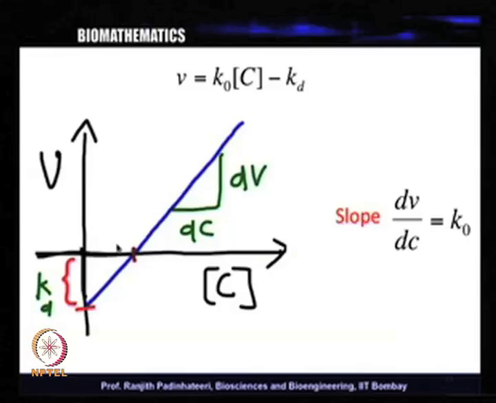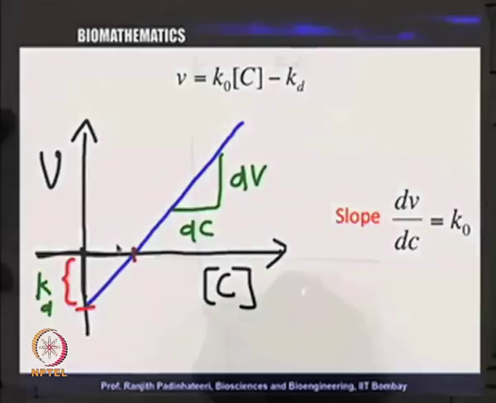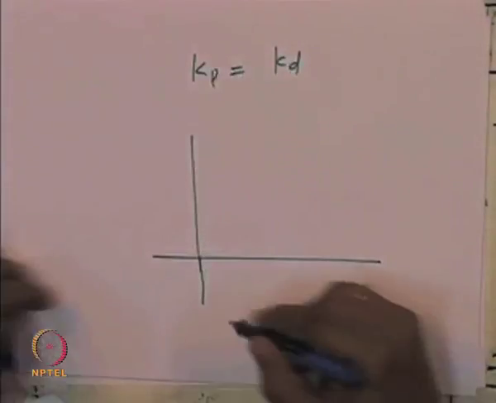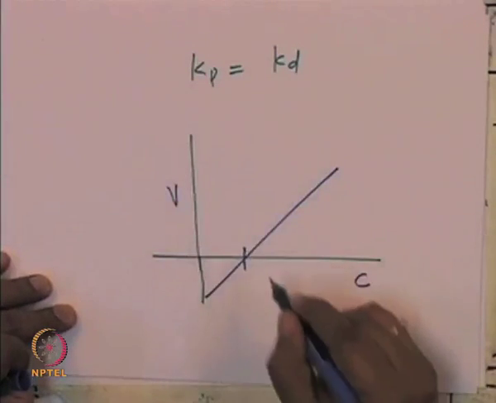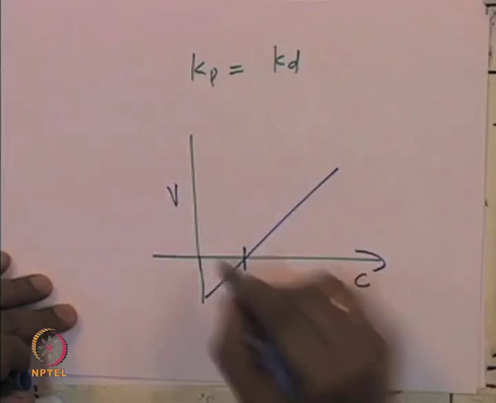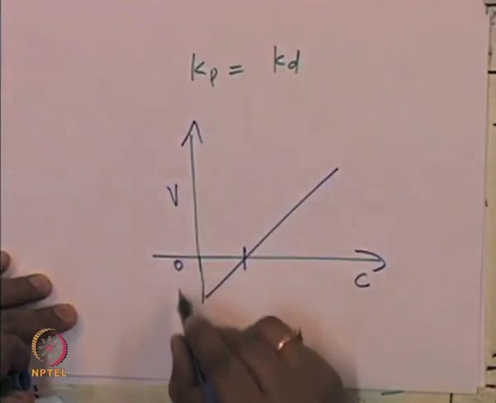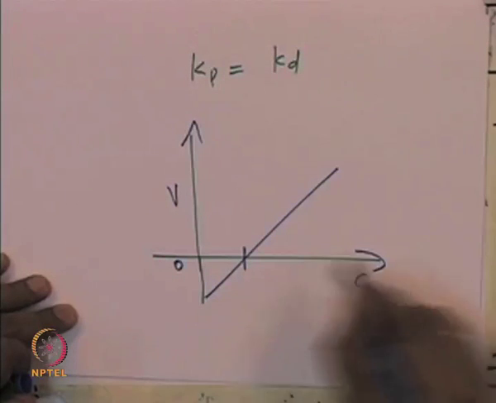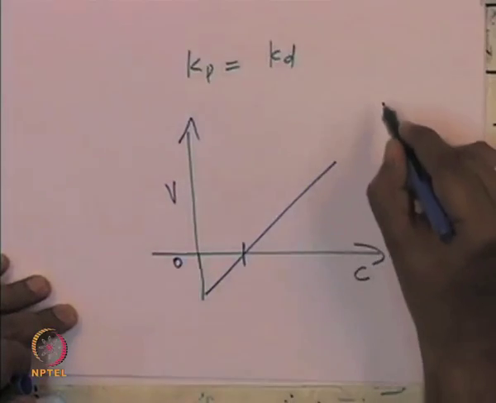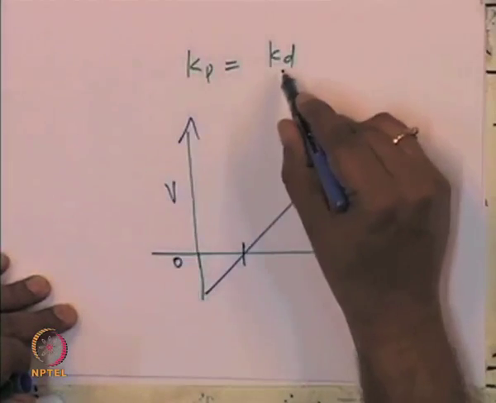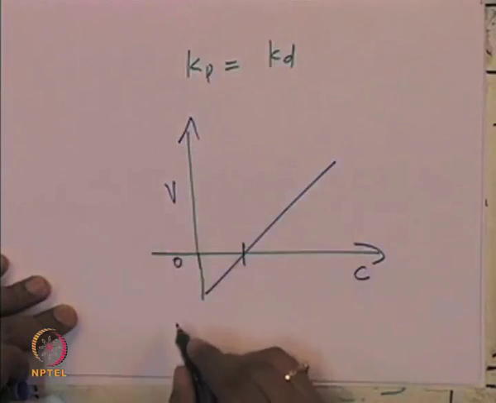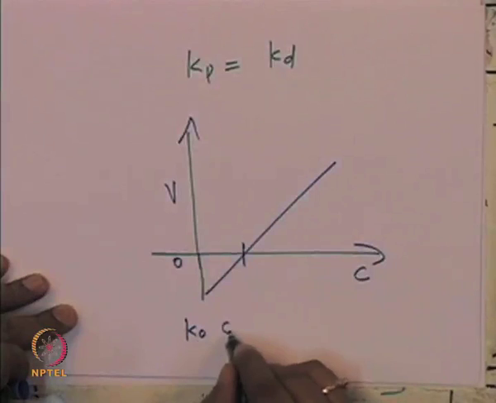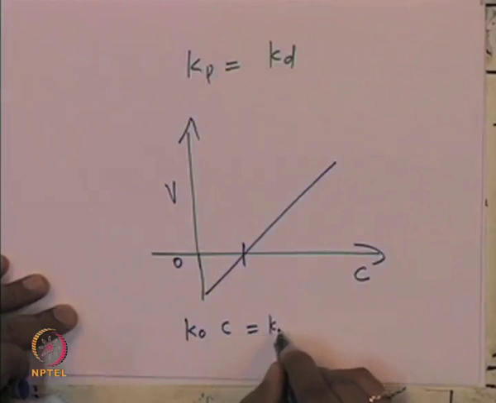So, if you plot a curve of C versus V, at some particular point the velocity will be 0. The concentration at which the velocity is 0 means Kp equals Kd, and we learned that Kp is nothing but K0 C, which equals Kd.